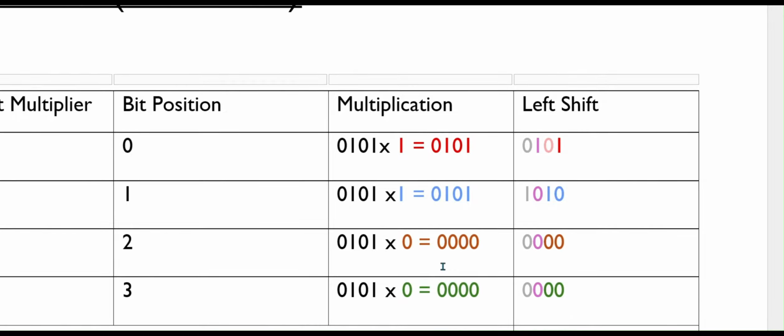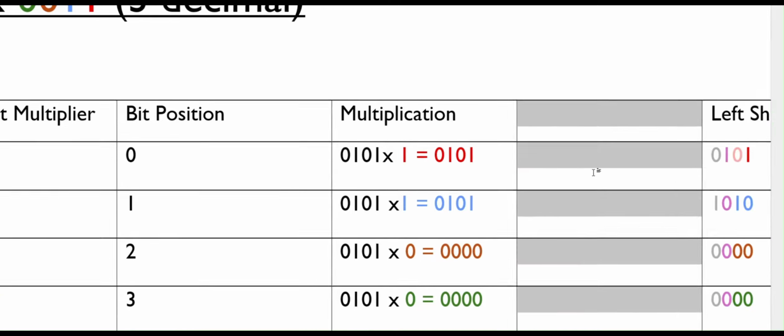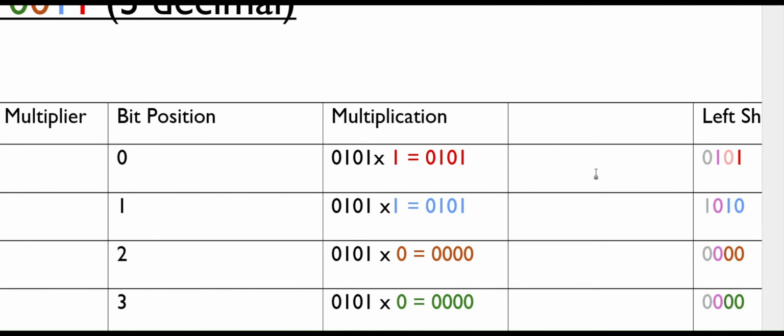Now, the bit position is what we are going to concentrate on because it's going to help us in the shifting process. So I'm going to add another cell here to help us do the shift. I got this as an answer, but the position of that bit is 0, so I'm not going to do any shift on it. Then I got this as an answer from the multiplication, but the position of that bit is 1, so I have to shift this by 1.